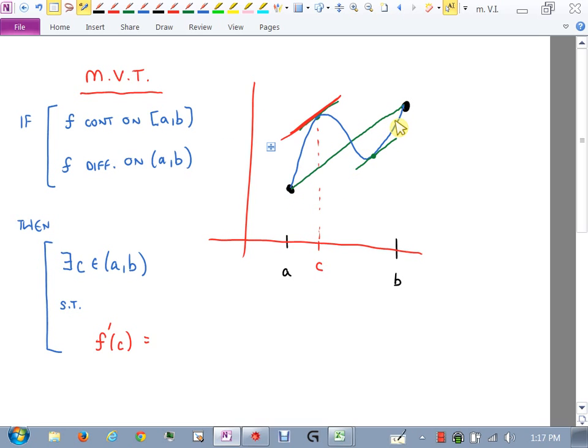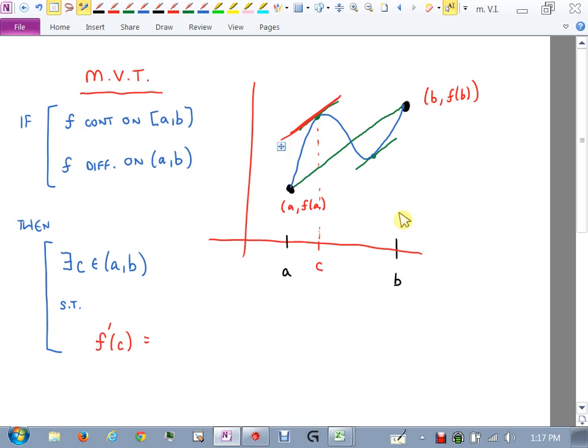If someone gives you 2 points, what's the slope of the line between them? Rise over run, or y2 minus y1 over x2 minus x1. Remember that formula? Well, this point has the coordinates a, f of a, and this one has the coordinates b, f of b.